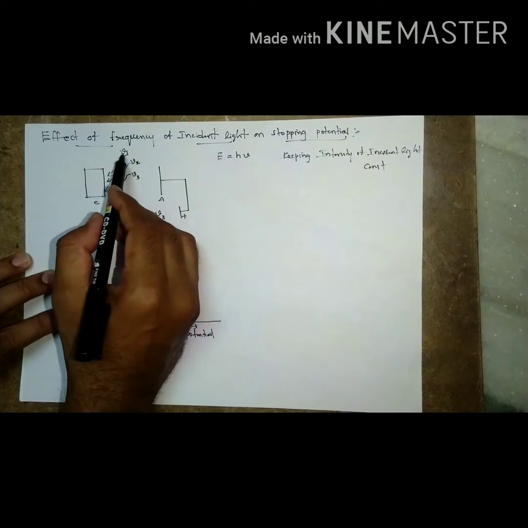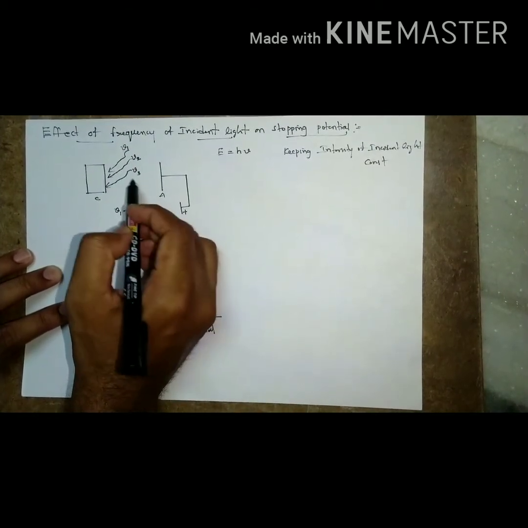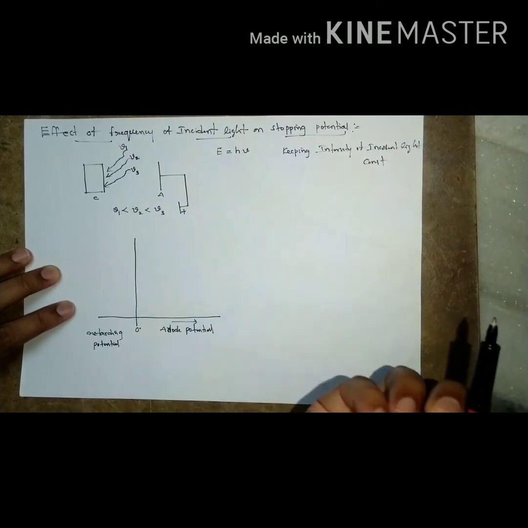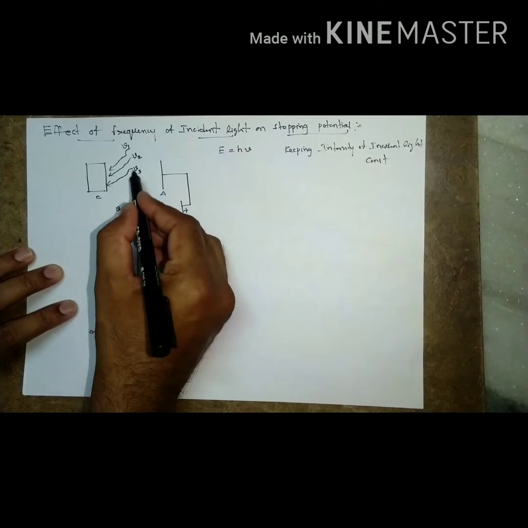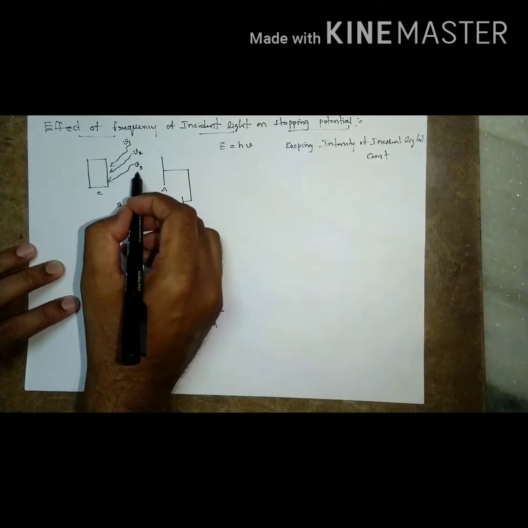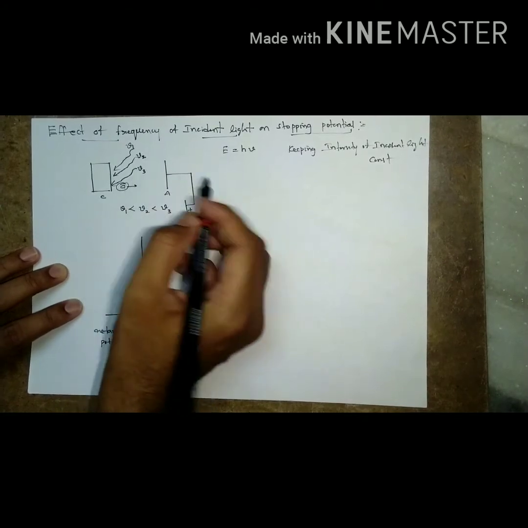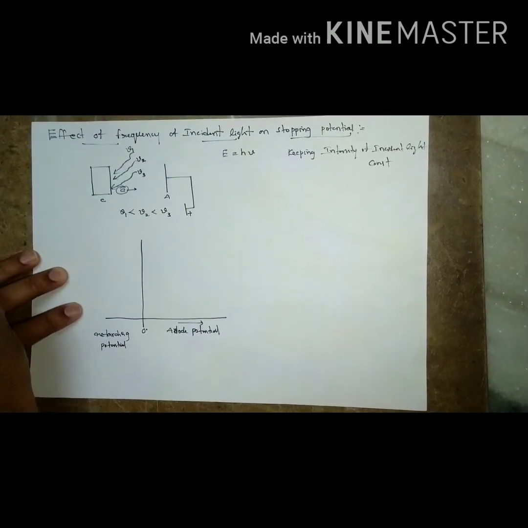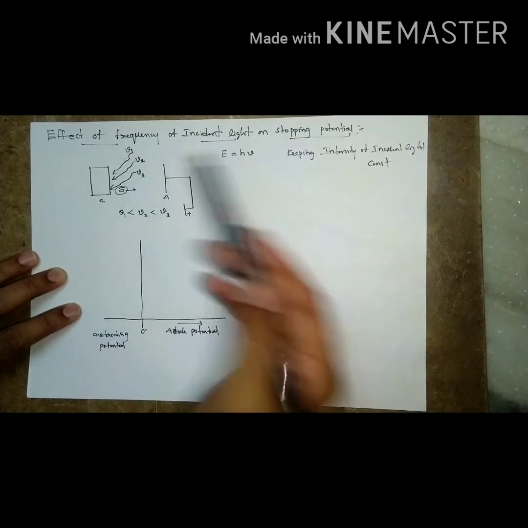What happens? These nu1, nu2, nu3 are the 3 incident light rays of different frequencies. Out of these 3, the one with more frequency gives the releasing electron more kinetic energy. These 3 have the same intensity.